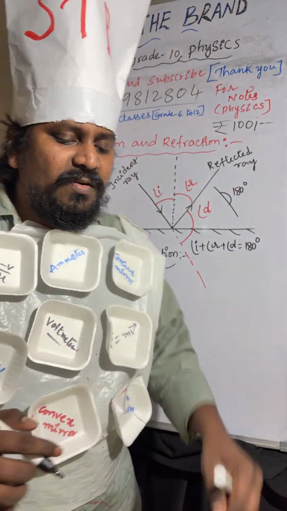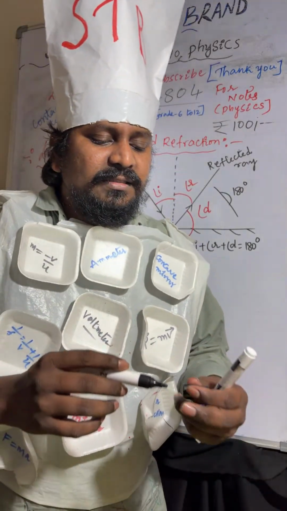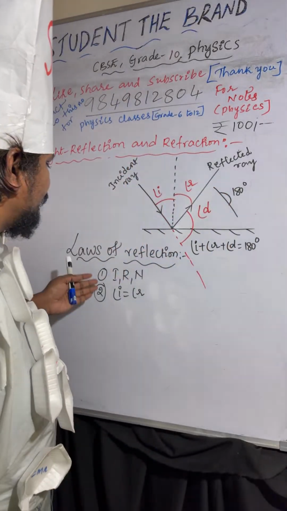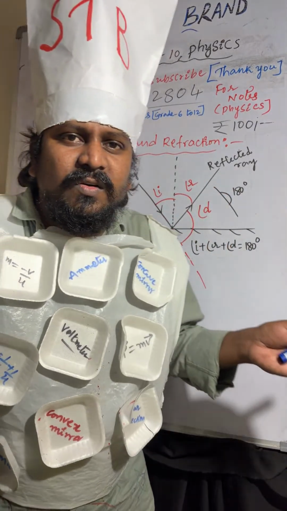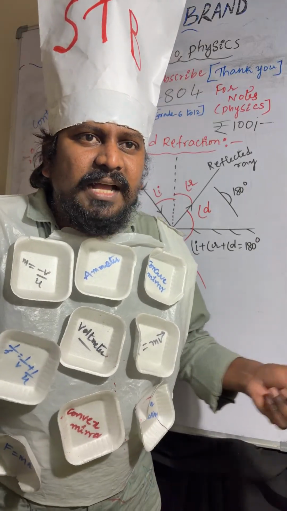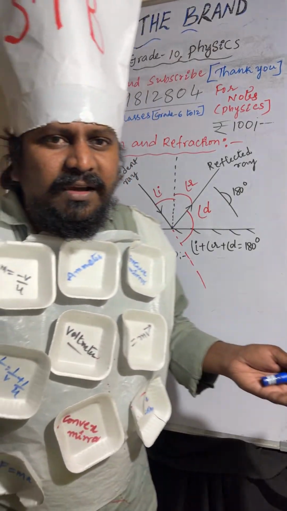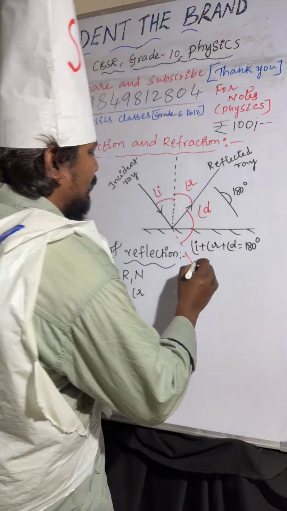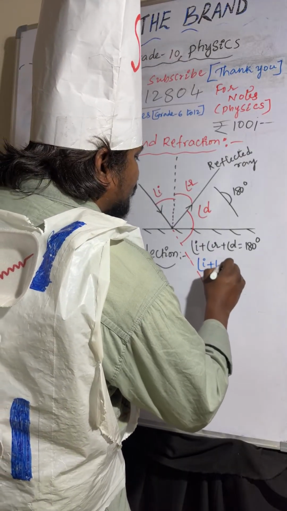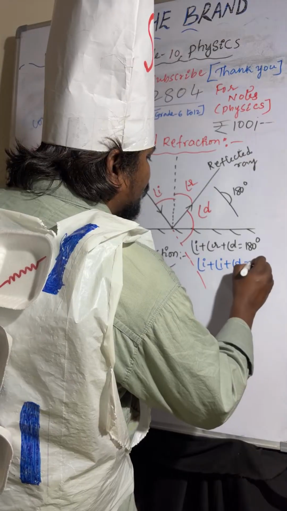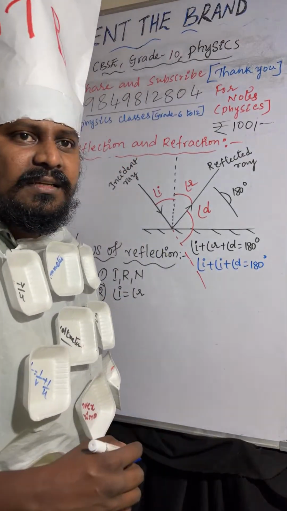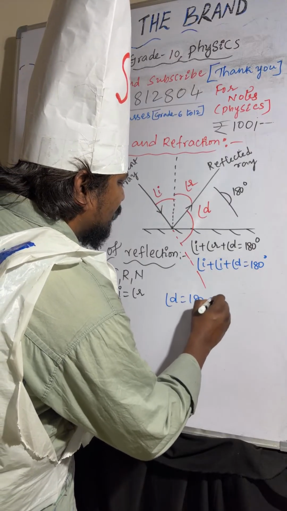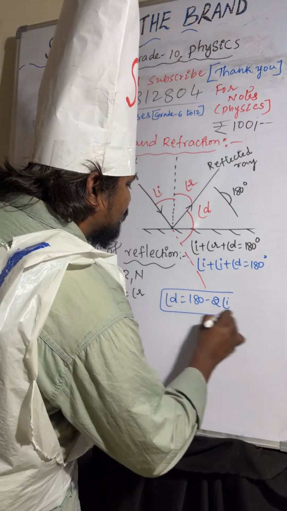So we can write angle of incidence plus angle of incidence plus angle of deviation equals 180 degrees. So angle of deviation equals 180 minus 2 times angle of incidence.